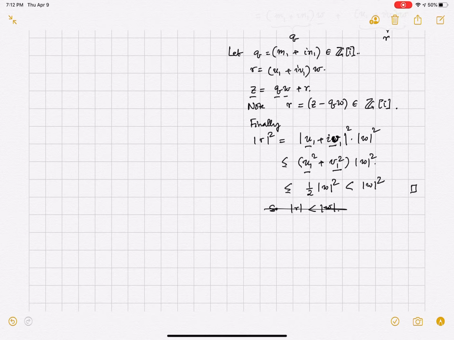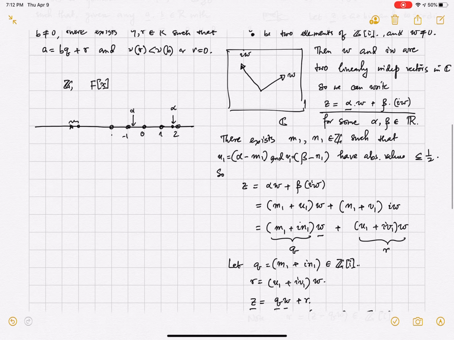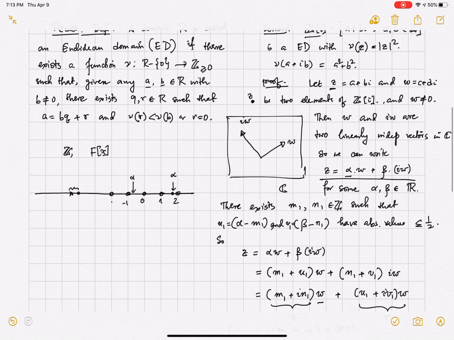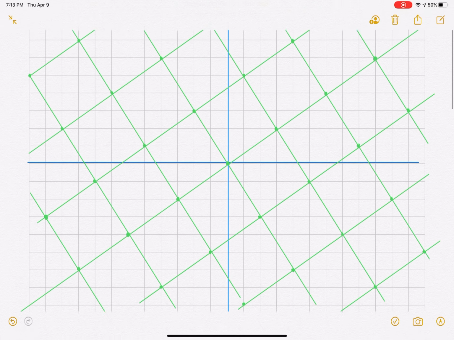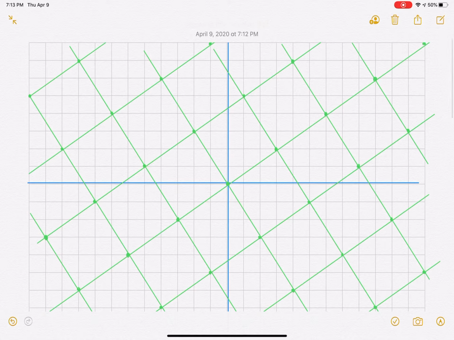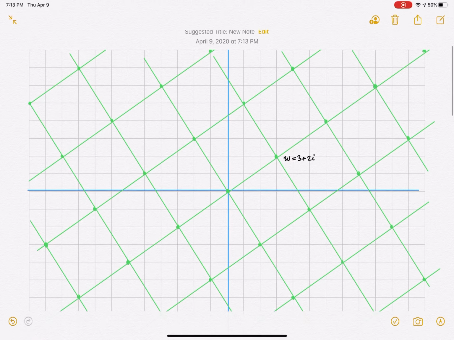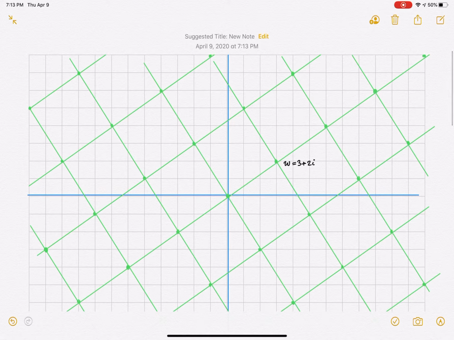Yeah, so let me just illustrate this quickly by doing a division with remainder. I drew it out already, let's take w equal to this number, 3 plus 2i. And then I'm going to take z equal to minus 8 plus 5i.